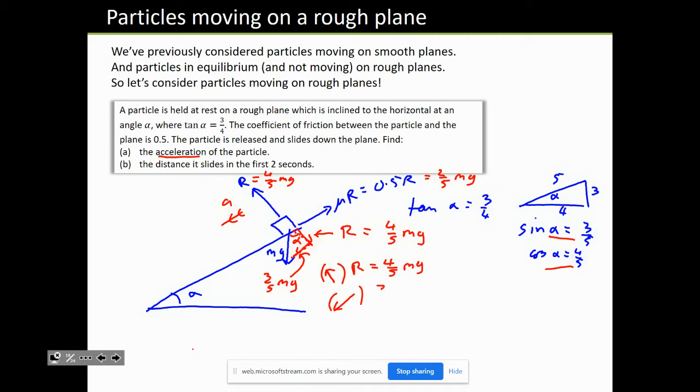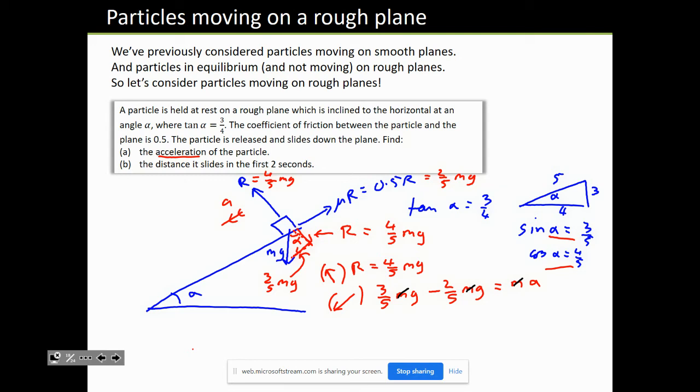And down the slope, we have a force of 3/5 mg, but we have frictional resistance of 2/5 mg. But that equals our mass, which is m, times our acceleration. At this point, you can see that every term has m in it, so we can cancel out the m.